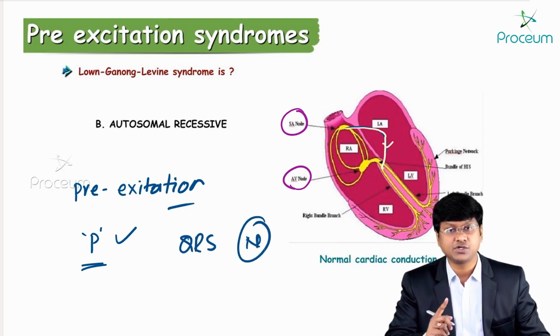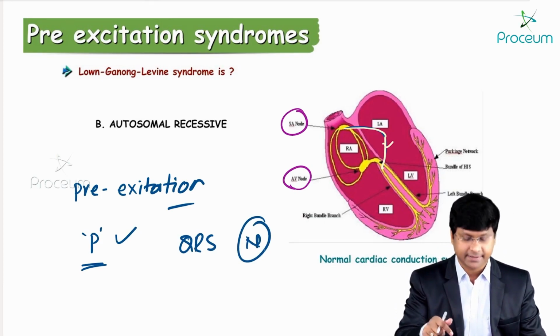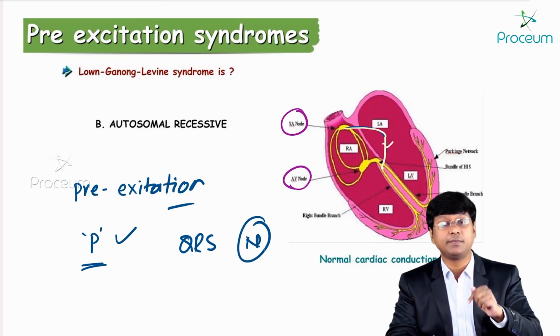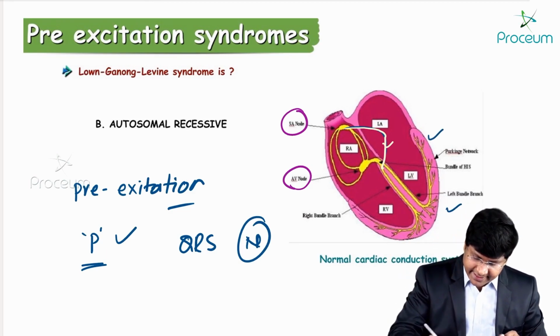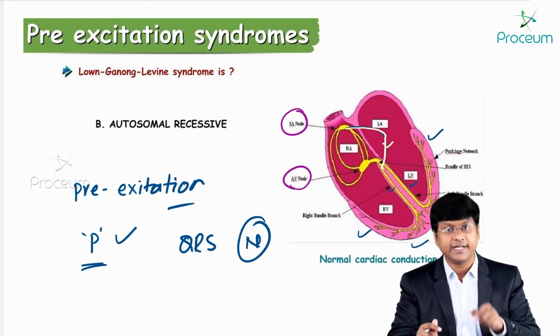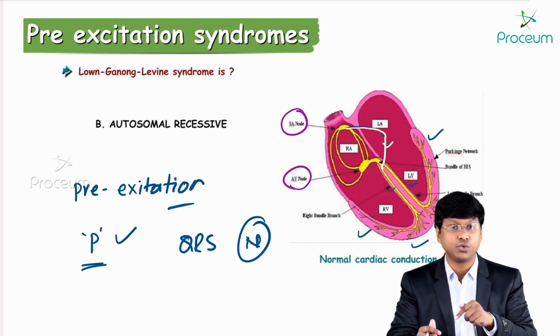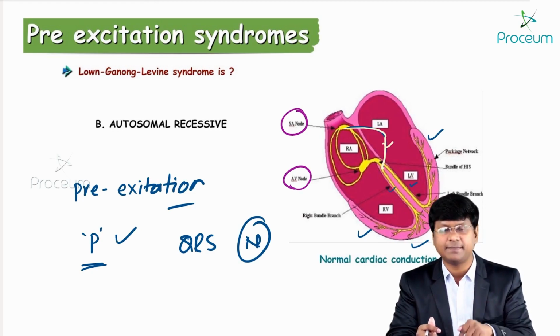What did we discuss in case of the WPW syndrome? The QRS complex will be wide, but here the QRS complex will be normal. It will not be wide. Now, why will the QRS complex be normal? Because the ventricle is getting depolarized through the bundle branches only, right?